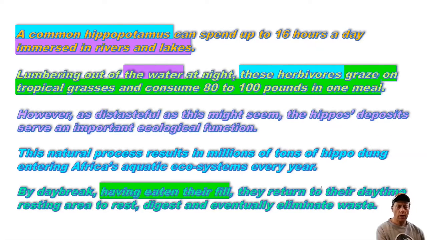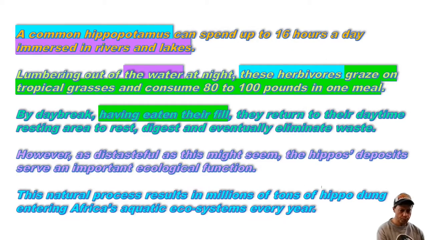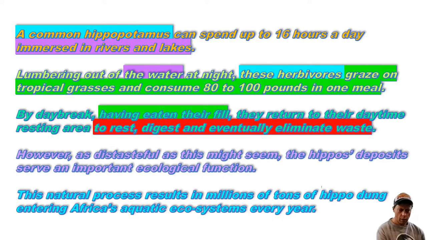So what's another key idea in this sentence? By daybreak, having eaten their fill, what other key ideas do we have? Okay, it says they return to their daytime resting area. Why do they do it? To rest, digest, and eliminate. So there's an infinitive verb with a comma, base, and then another base verb. So we've got to rest, digest, and eliminate.